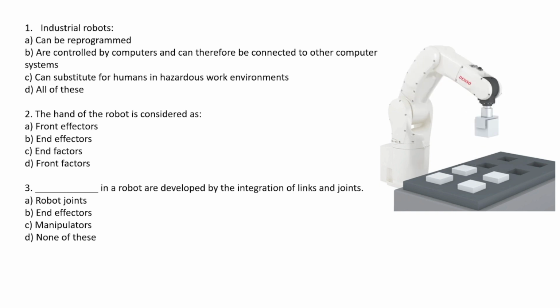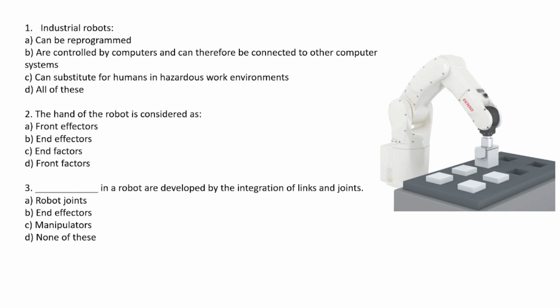So we have seen the main definition of an industrial robot and what it means. Industrial robots are advanced machines designed to perform a variety of tasks in manufacturing environments.